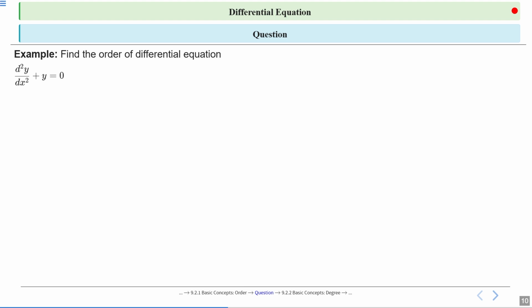The second example is to find the order of the differential equation d2y by dx2 plus y is equal to 0.